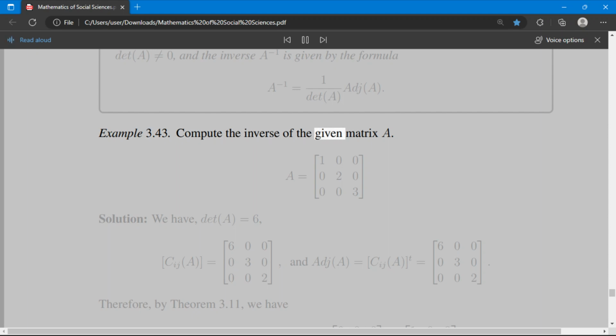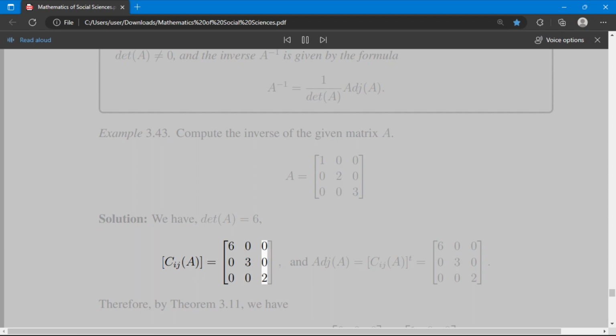Example 3.43. Compute the inverse of the given matrix A. A equals 1 0 0 0 2 0 0 0 3. Solution: we have det A equals 6.